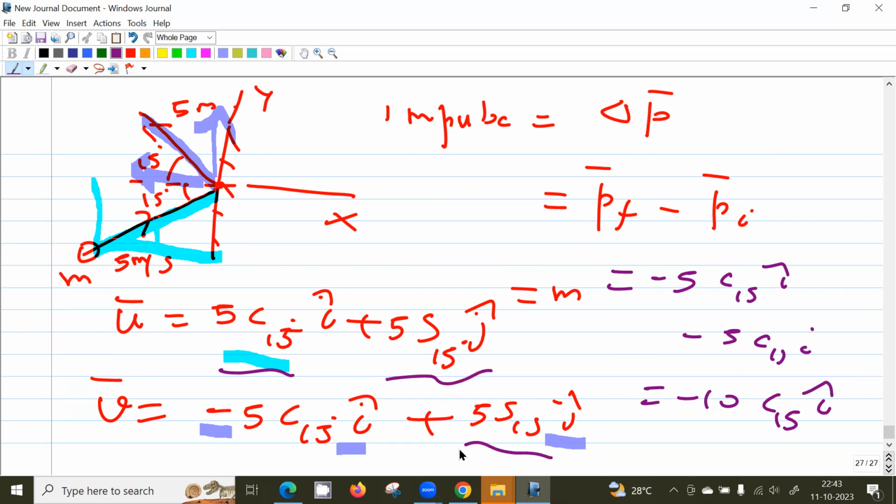So the impulse will be along the i cap direction. Mass is missing, right? Momentum is mass times velocity, so I have to multiply by mass. Mass will be given in the question. From that I can find the impulse exerted on the ball.